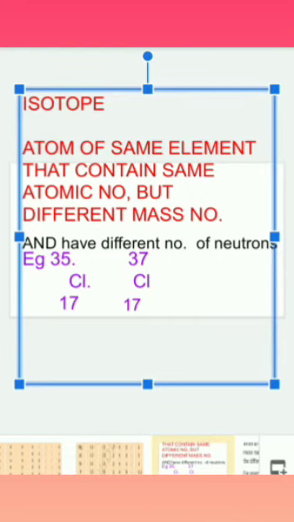So only the neutrons vary, so the mass number also varies. Same element, chlorine, atomic number also 17, but the mass number is different, 35 and 37. So they are known as isotopes.